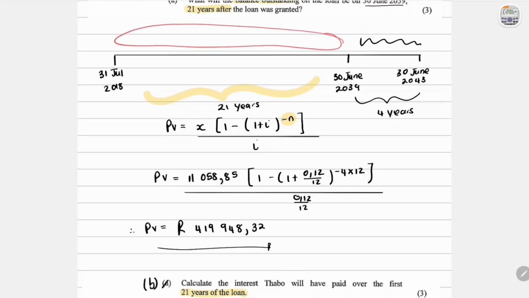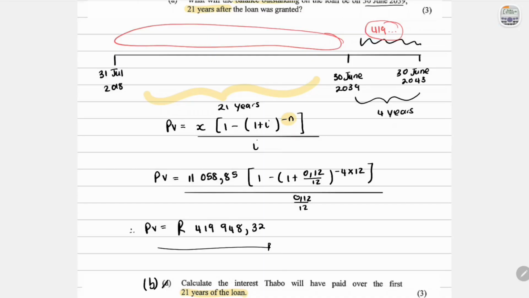So if we know that the amount owed after 21 years was 419,000, then to find out the amount owed here, just take the entire value of this loan minus the 419,000. And that's how we'll find out how much he was supposed to have owed within 21 years.